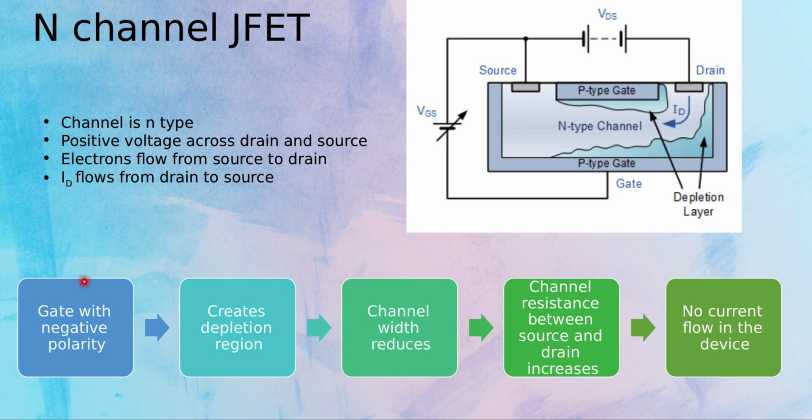When I apply negative polarity at the gate, a depletion region is created. When the depletion region is created, the channel width decreases. Once the width of this N channel decreases, all the charge carriers start to collide with each other, so there's more resistance for current flow. As a result, there's no current flow in the device when I apply negative voltage at the gate in an N-channel JFET.